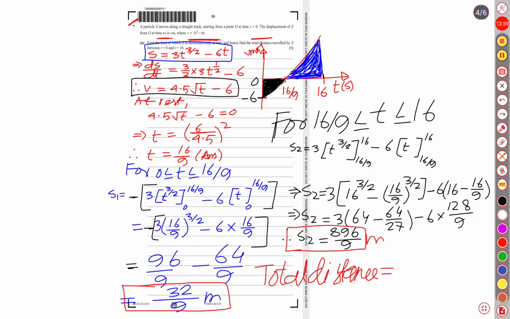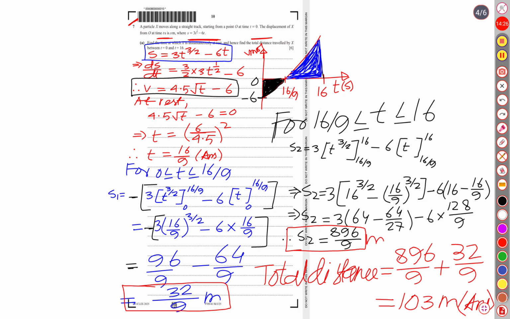So the second phase is 896 over 9 plus 32 over 9, and using our calculator, if we round it to three significant figures, it is going to be 103.1. So 103 meters is the total distance. That is the answer to the first question. It may look very clumsy because I don't have space to write either sidewise or downward. So that is the solution to part A.